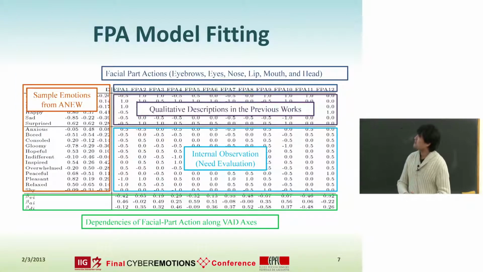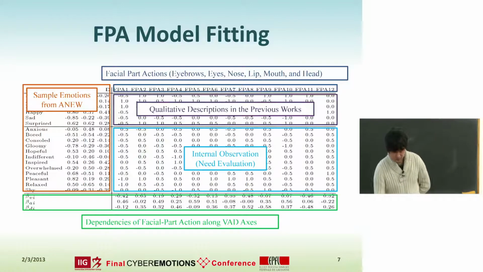Here is a more detailed explanation about the observed intensity and defined dependencies. We basically fill the table, as you can see here. On the left, you have, as I mentioned, 18 emotional samples in VAD, which we find from the ANEW table.